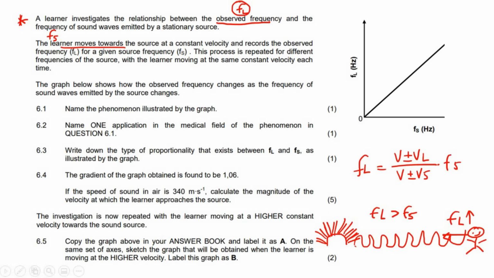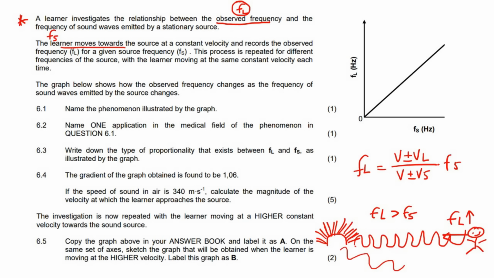The source is producing waves like that, but as soon as the person walks towards them, it makes them more squashed up. And so this person's ear is going to be detecting more sound waves per second, and by definition, that means a higher frequency.